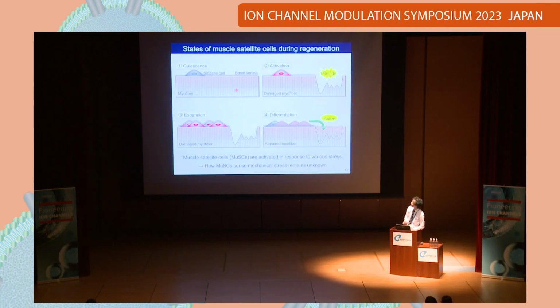Upon damage to myofibers, quiescent satellite cells are activated to differentiate and proliferate to repair myofibers, by regeneration of myofibers or repair of injured myofibers.